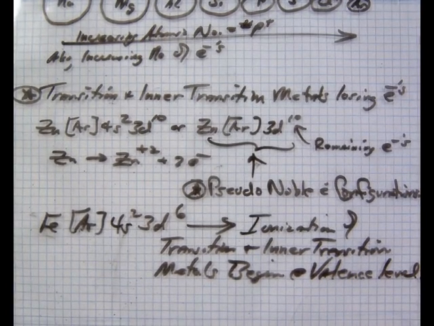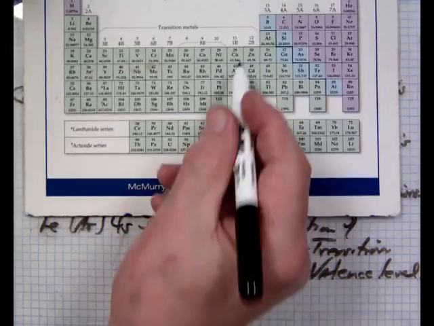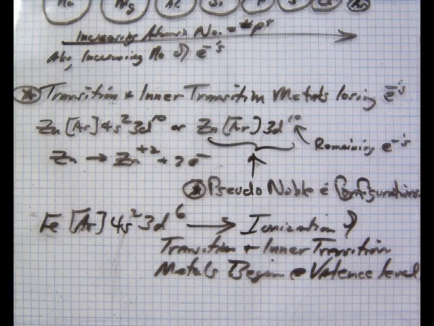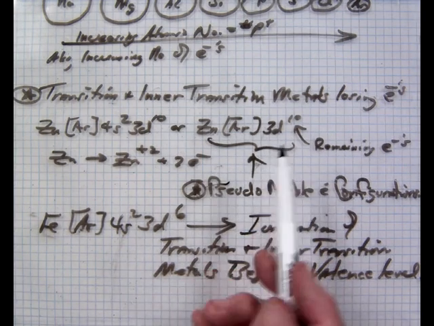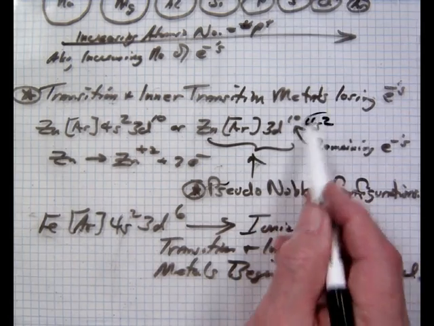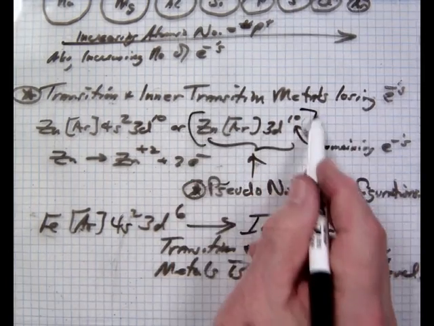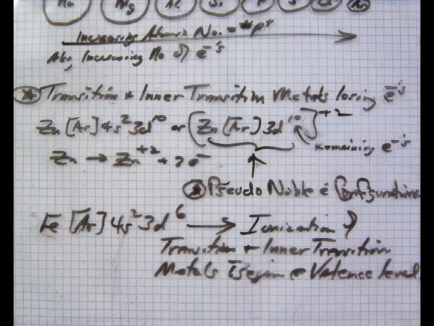So if any of the elements in the transition or intertransitions are involved in ionic bonding, the first electrons that will be removed by natural selection will be the valence electrons, the highest principal quantum number. So the valence in this one was 4s2, and if that's lost, it becomes a +2 ion, like that, and it retains a pseudo-noble configuration after the electrons are lost.